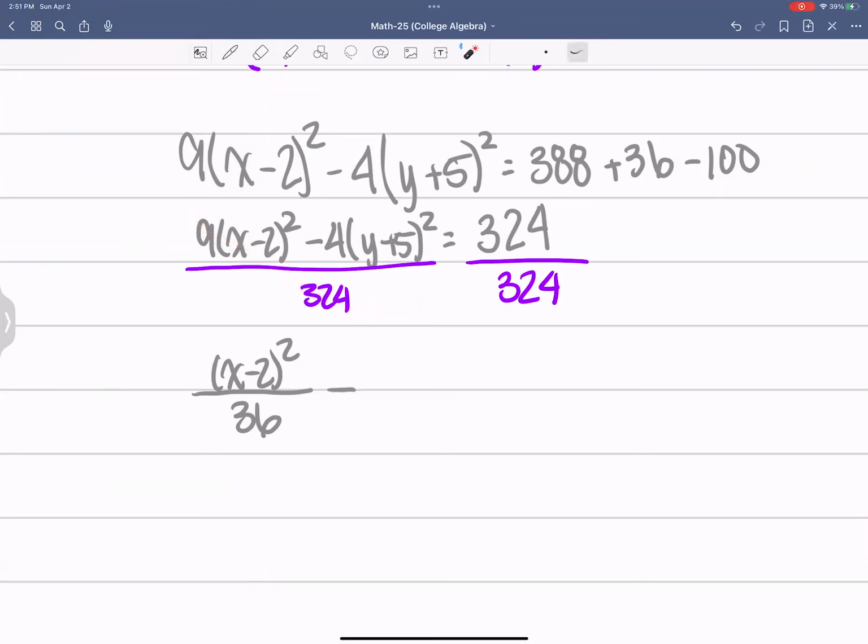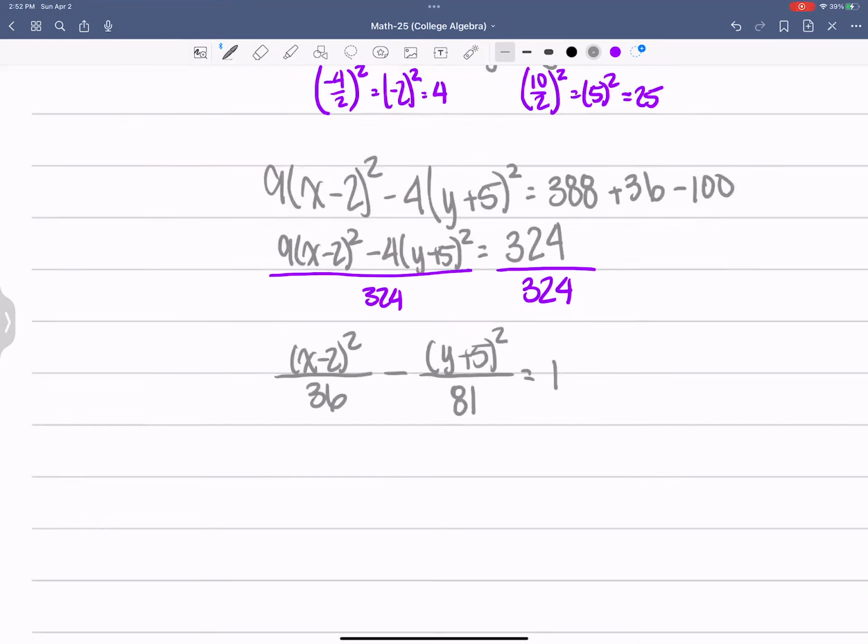Minus, here we have 4 going into 324, the calculator told us that was 81. So we have (y plus 5) squared over 81. And that's equal to 324 divided by 324, which is one time.